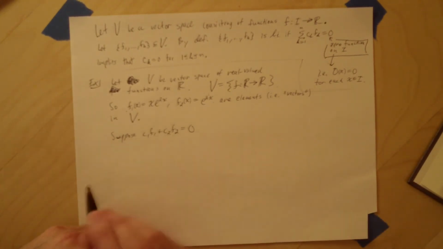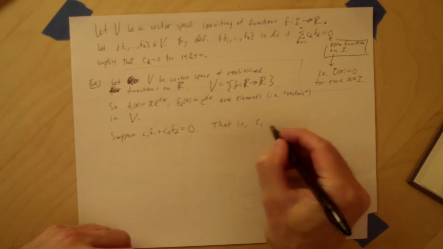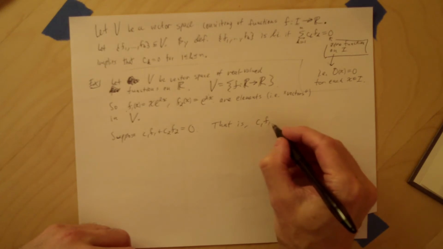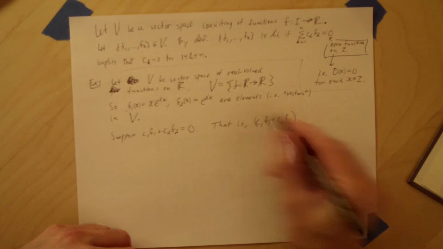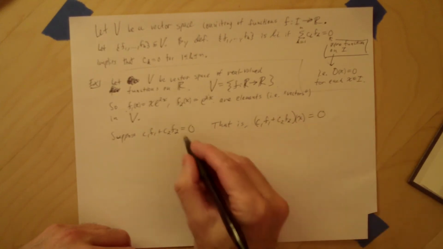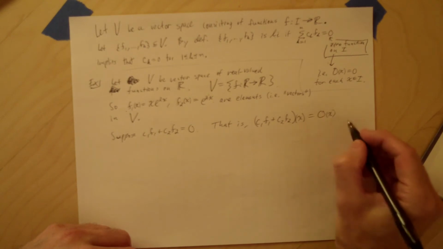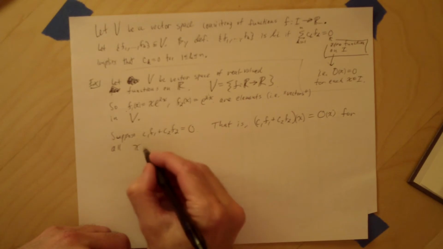When you write this, you're saying that c1 f1 plus c2 f2 evaluated at x is equal to the 0 function evaluated at x for all x an element of the reals.